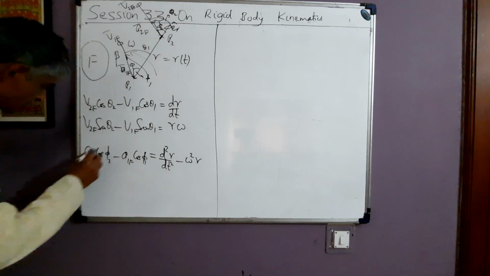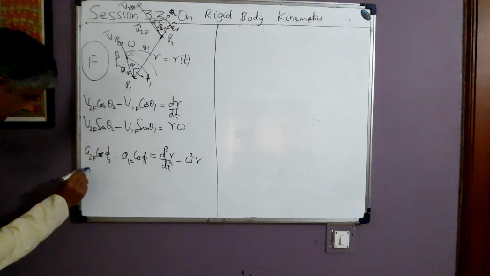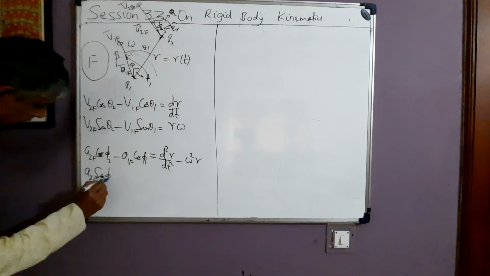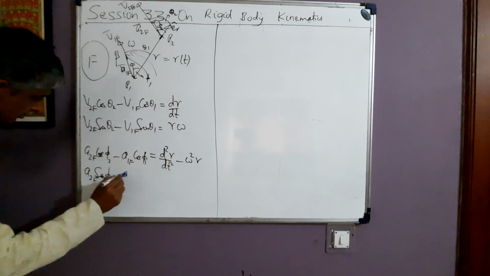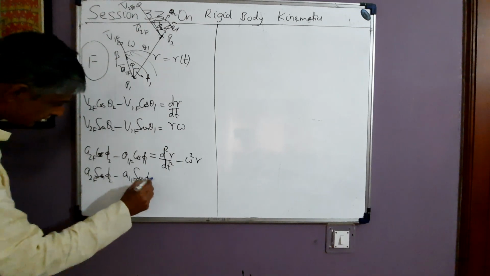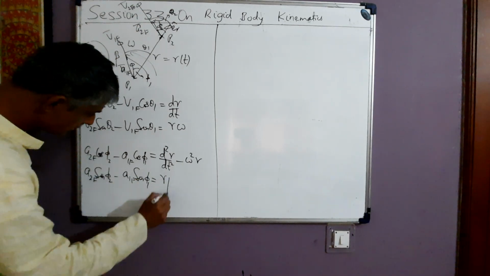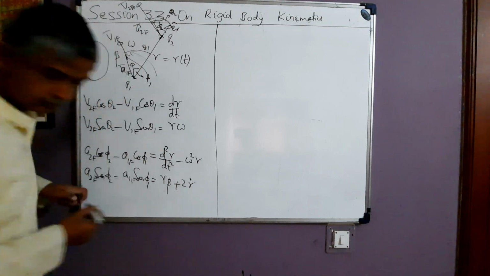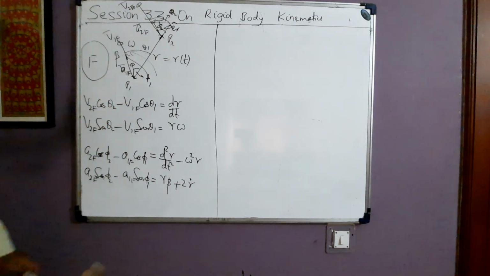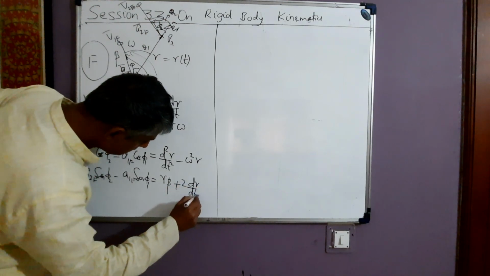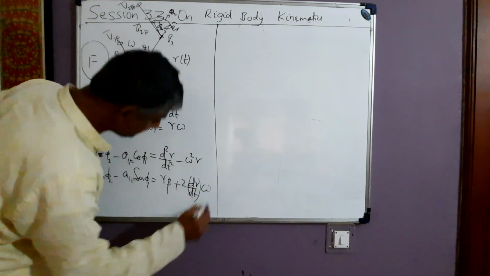And one more result I derived. A2F sin phi 2 minus A1F sin phi 1 is equal to r beta plus 2 into dr by dt into omega.